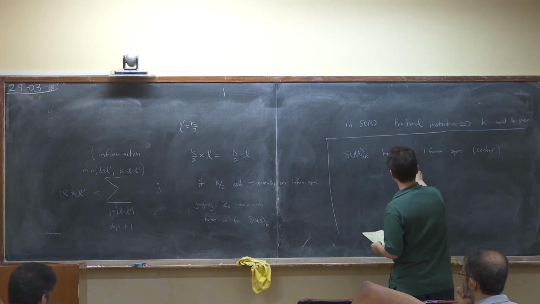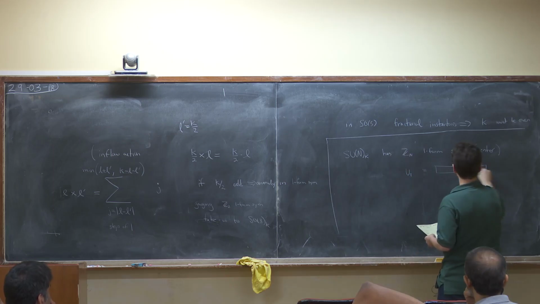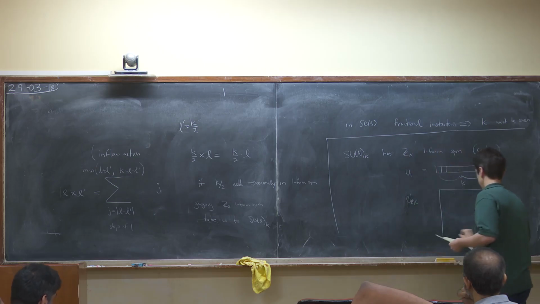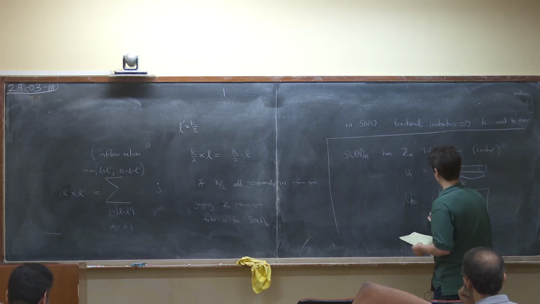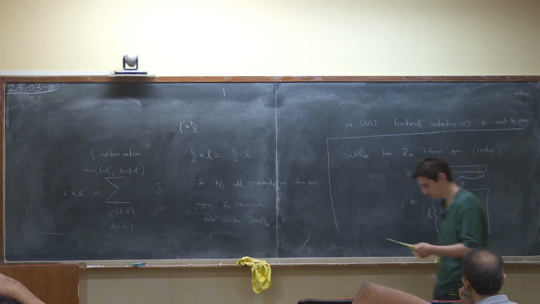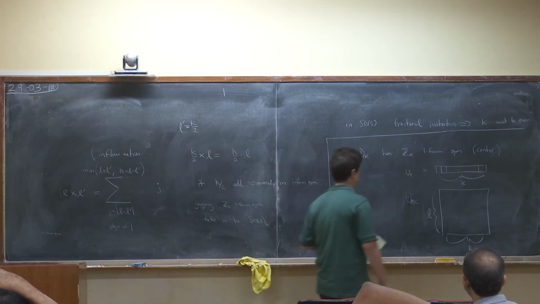The generator, let's call it U1, is the symmetric representation on K boxes. It continues, so U_L, where capital N is the rank, is a rectangular tableau which is L by K. And everything works very similarly.